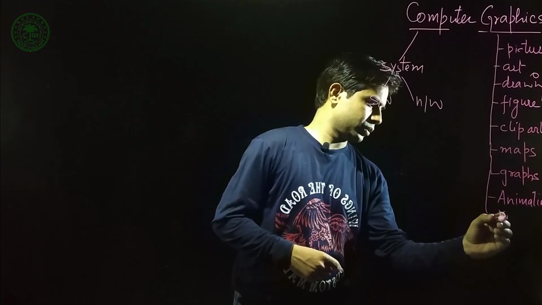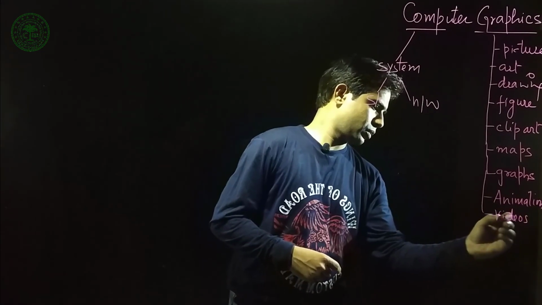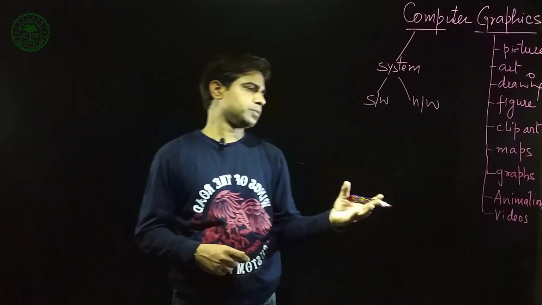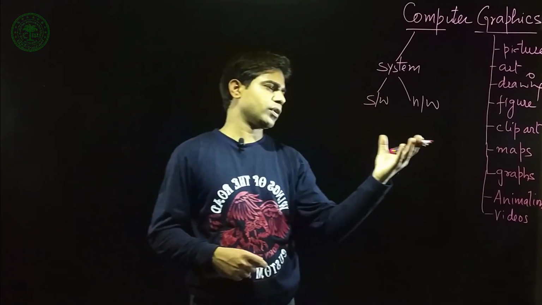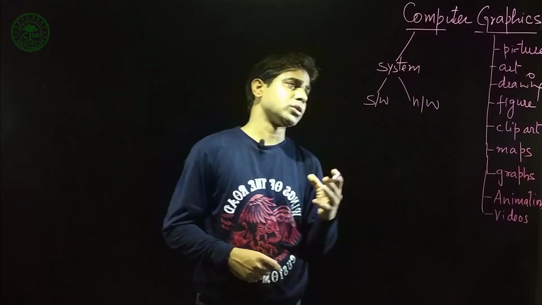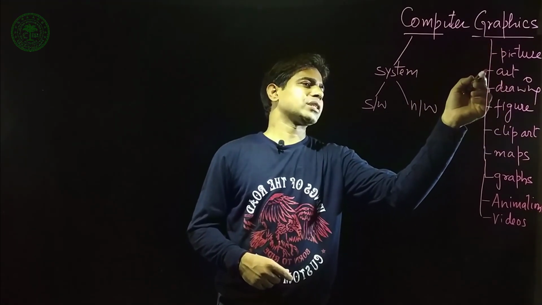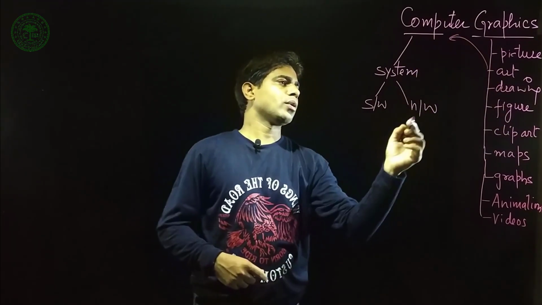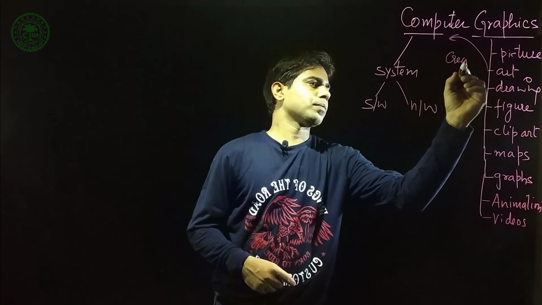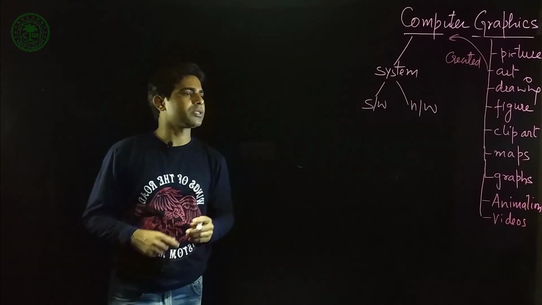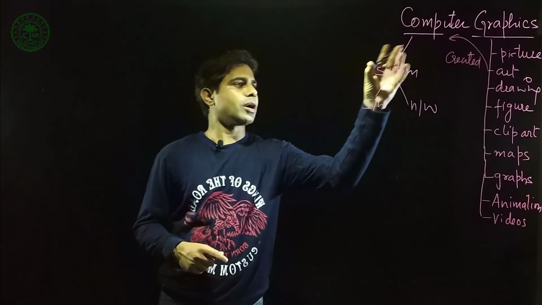You can have videos. So there can be a number of graphics units: picture, art, drawing, figure, clip art, maps, graphs, and animations. When these objects are created with the help of a computer system, they will be defined as computer graphics.